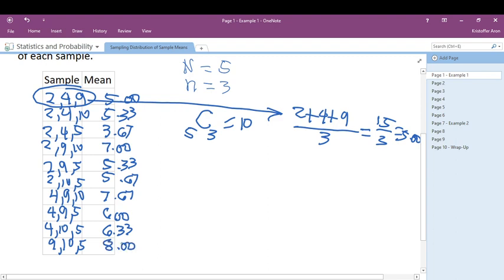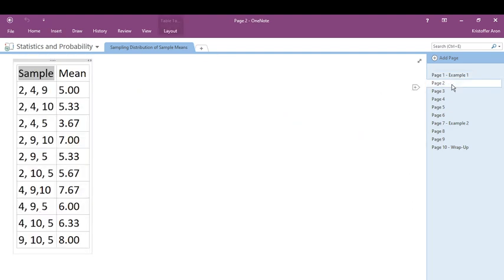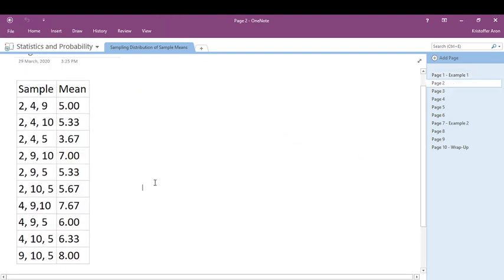So we just made the first two steps on how to make the sampling distribution of sample means. First, list down all the samples using the formula combination of capital N taken small n, where capital N is the population and small n is the sample. So here is the table that we made a while ago.